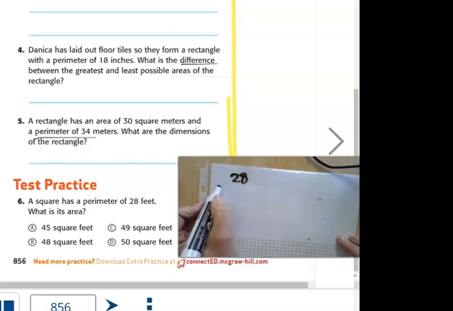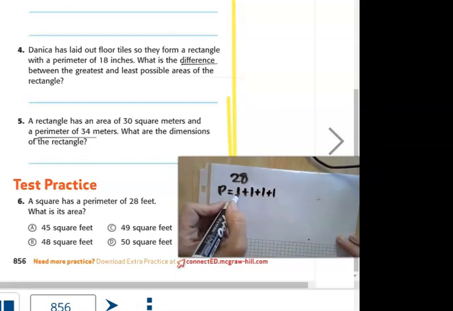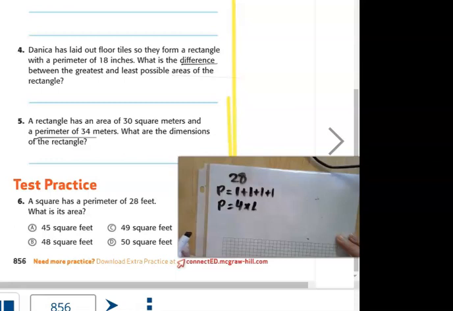And I know that to find the perimeter, I have to do length plus length. And since in a square all of these would be equivalent, that would be the same as doing 4 times the length. With me so far? Since all of these would be the same for a square, I can just do 4 times that number.